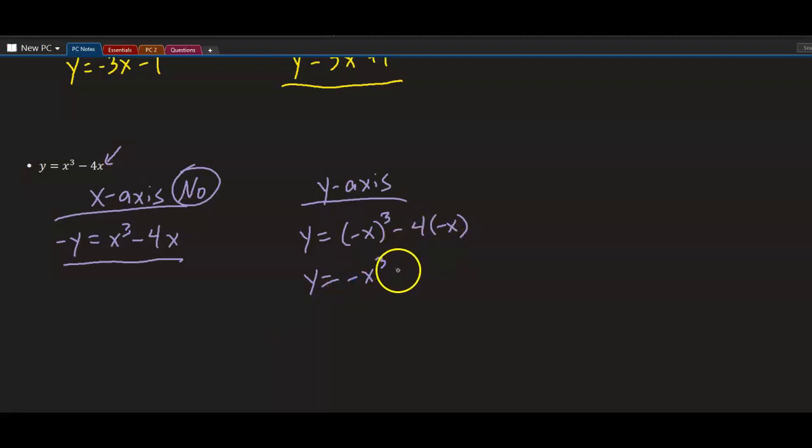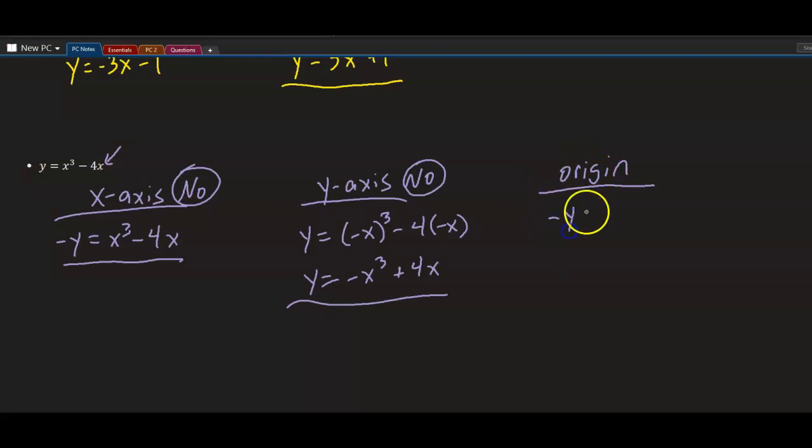And a -4 times a -x is going to be a +4x. Is this equivalent to the original function? The answer here is no. So this equation, if I were to graph it, does not have y-axis symmetry. All right, so origin.